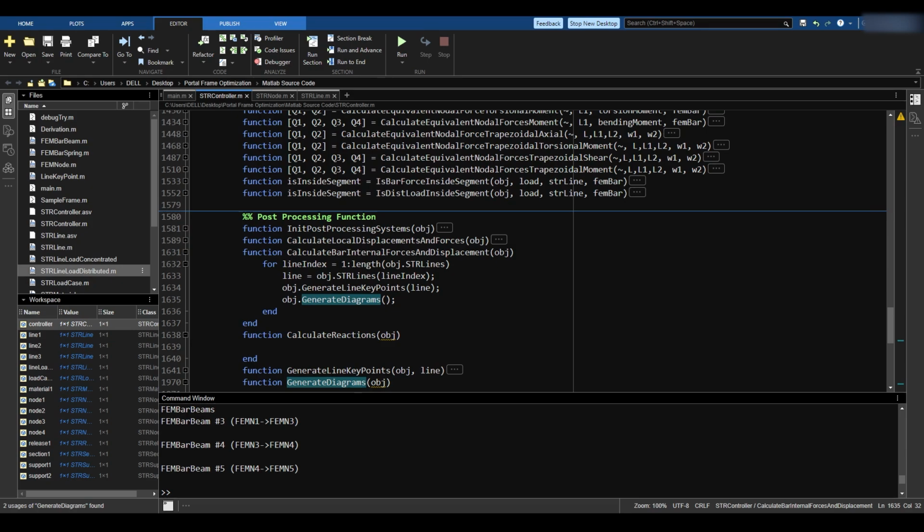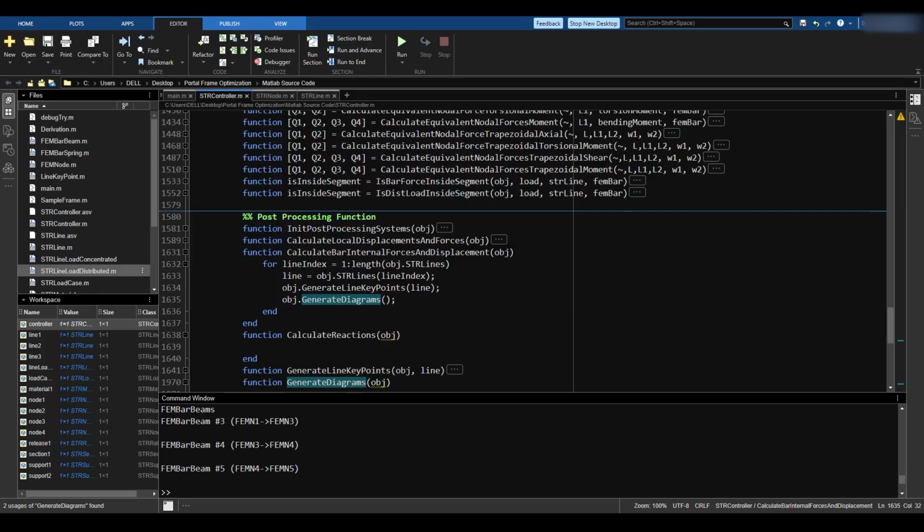A diagram is a collection of equations, because in the bending moment diagram, some regions are linear, some regions are parabolic, and even some regions might be cubic. So a diagram is a bunch of equations, every equation having its own region. For example, equation 1 from x1 to x2, equation 2 from x2 to x3, and so on.